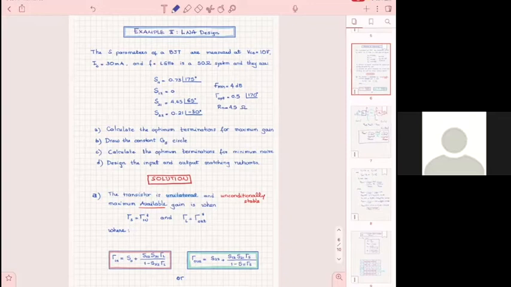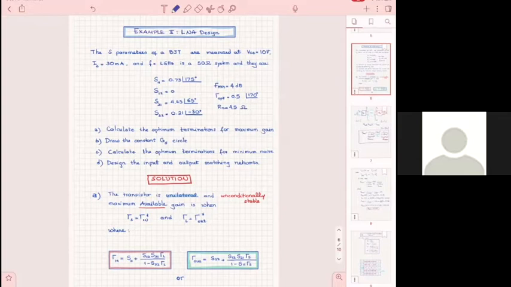I'm going to give you many small steps that you have to do in the final. Here it's bigger steps, but I will give you small steps. For example, in this, instead of A, I could say, calculate the optimum terminations for maximum gain, and then B, I will say, calculate the maximum available gain.